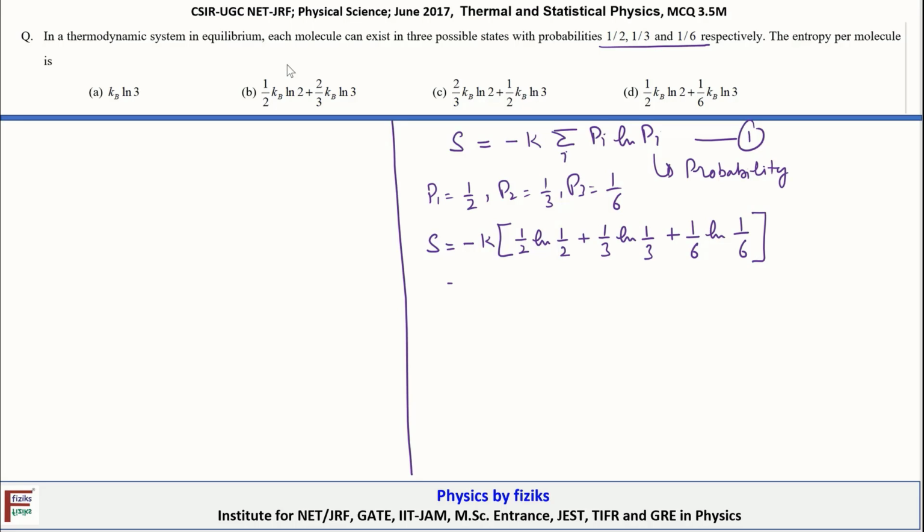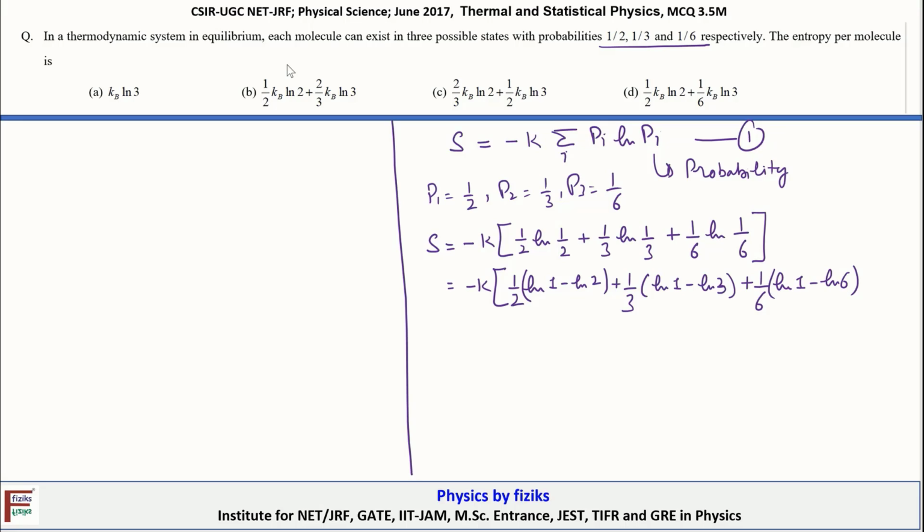Now this can be further rewritten as minus K outside, 1 by 2 times (ln 1 minus ln 2). We are going to expand it basically. So plus 1 by 3 within the bracket (ln 1 minus ln 3), plus the last term 1 by 6 (ln 1 minus ln 6).